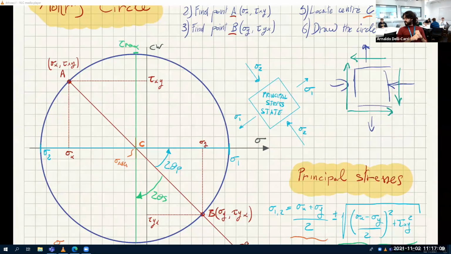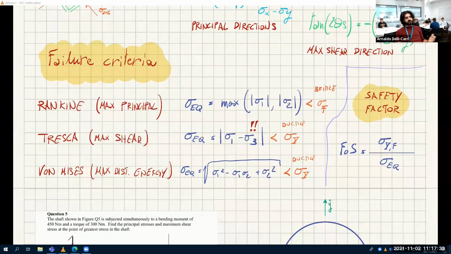The criterion function is a function, of course, so it takes inputs and outputs. It takes 3 inputs and it spits out 1 output. So it's basically a meat grinder for numbers. You put everything in the meat grinder and then you come out with a single number. Now, there are various kinds of criterion functions. The 3 most popular ones are the Rankine, Tresca, and von Mises ones.